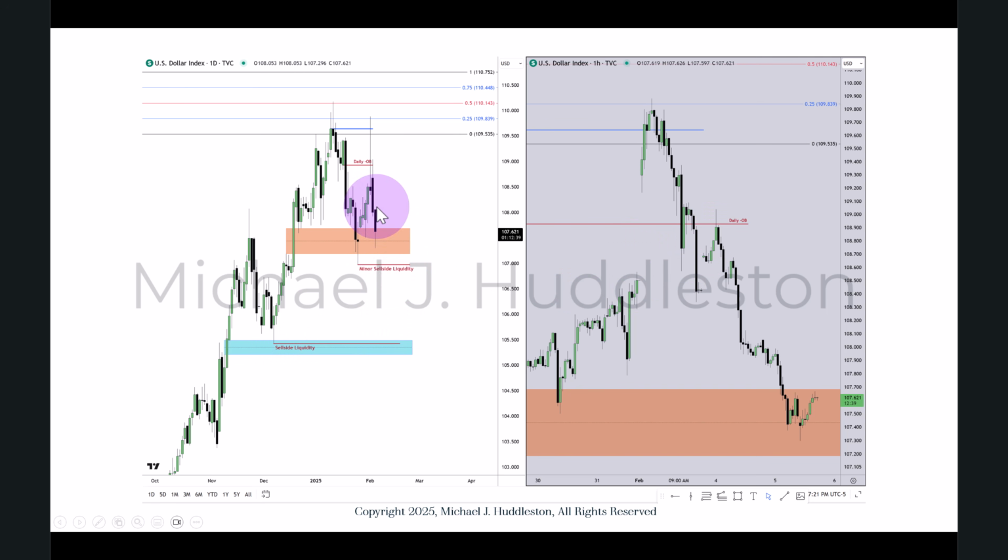Well, the market did in fact trade lower today, but it didn't go outside of the low of that expected inversion fair value gap. Here we have it breaking down, going to the consequent encroachment of this range here. Now, this is not based on the daily chart.